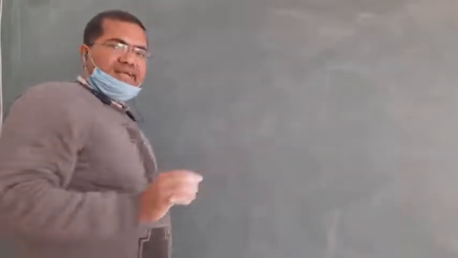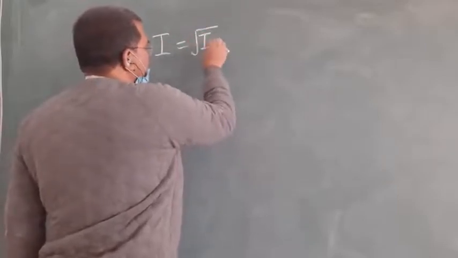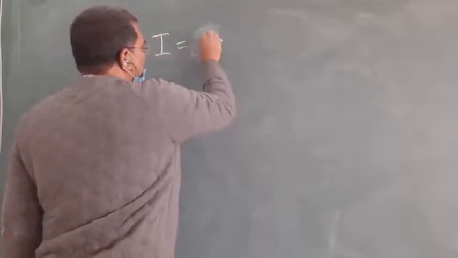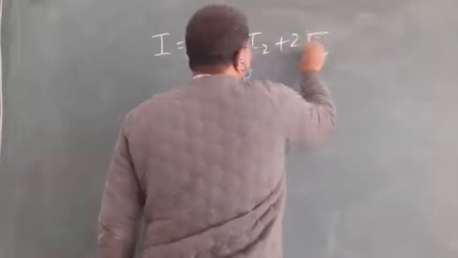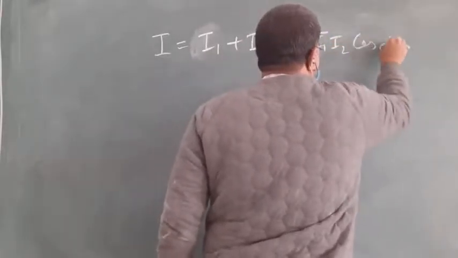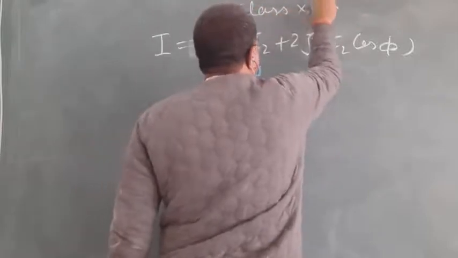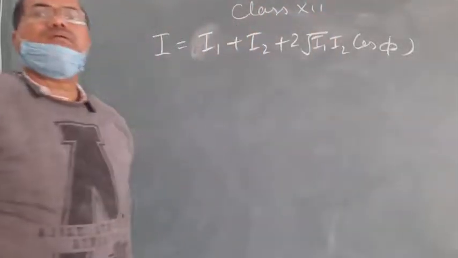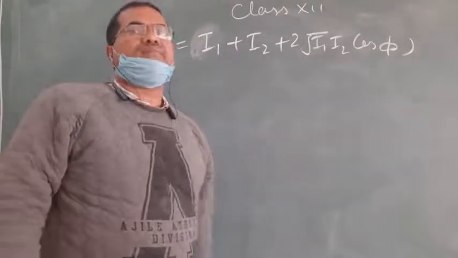As we have already seen, the formula of intensity is I equal to I1 plus I2 plus 2 under root I1 I2 cos phi. We have already seen this formula.